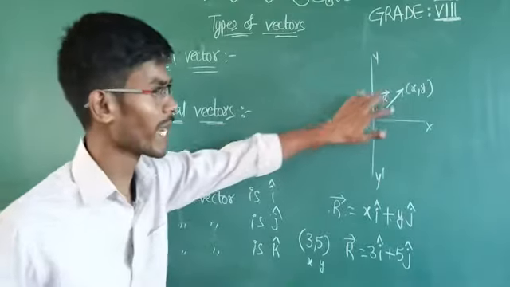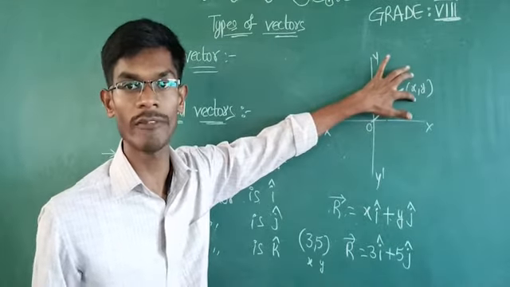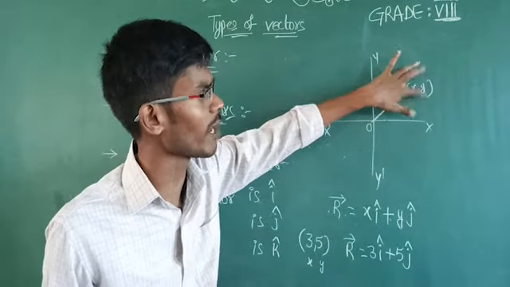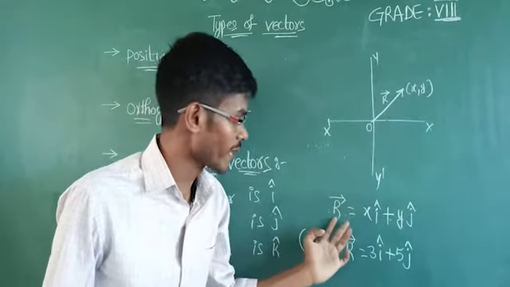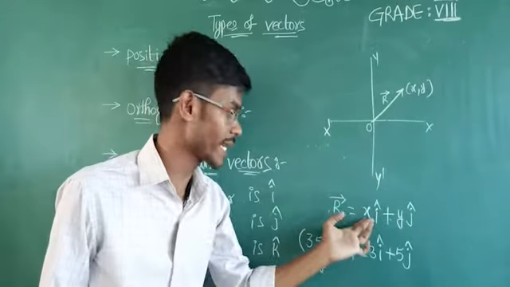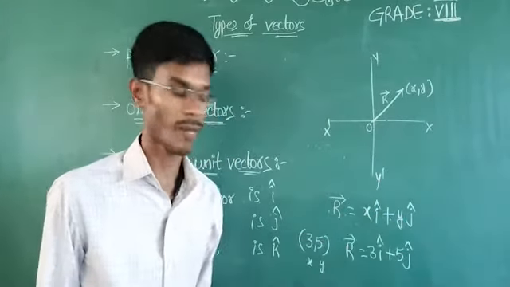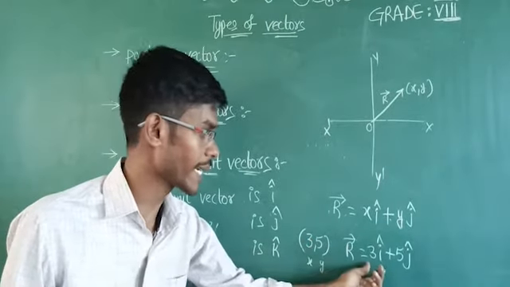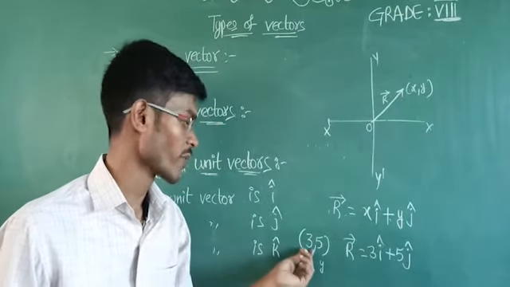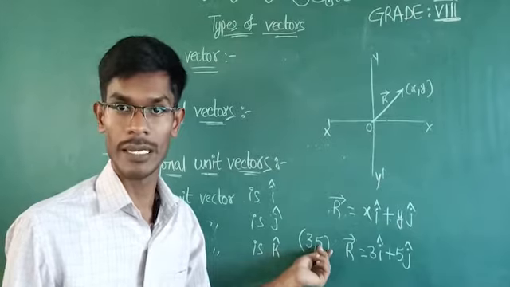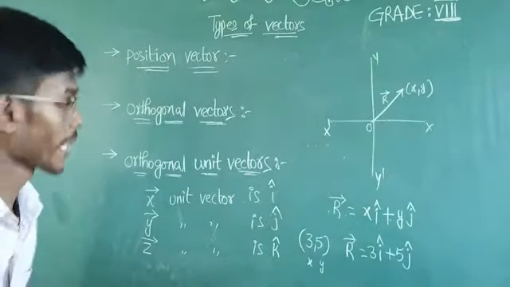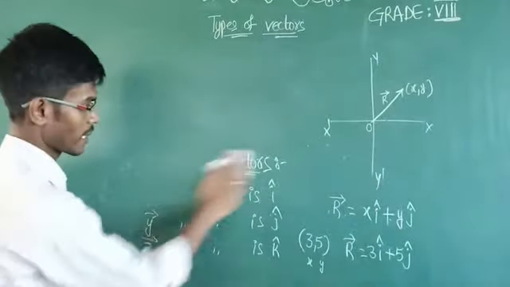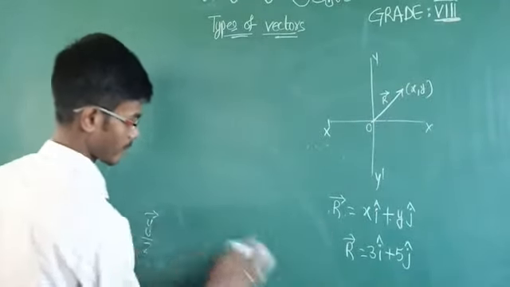Then, by making use of the given point, how can we write the position vector? Suppose they have given x comma y, then the vector can be written as x i cap plus y j cap, and here they have given 3 comma 5, so 3 i cap plus 5 j cap, the x component and the y component. Like that, we will see one more example, then we can understand very clearly how to represent the position vector.